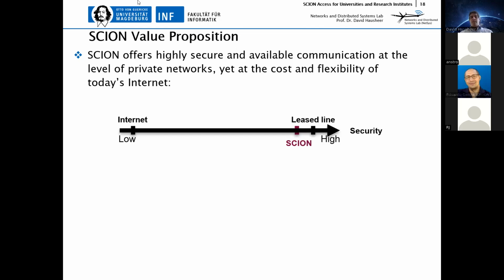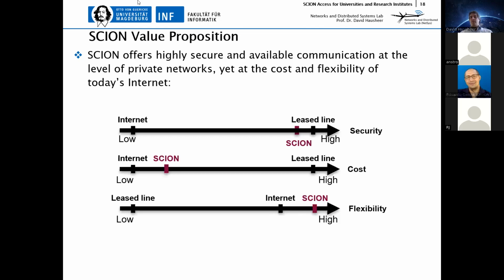But it does so at the cost and flexibility really comparable to today's internet. And so this is essentially the great benefit. You can use a public infrastructure like the internet in order to achieve those properties that traditional leased lines provide, that potentially come at quite high costs.